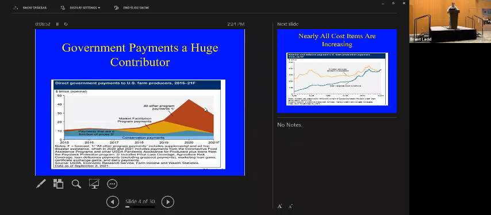This graph, of course, is kind of a summary of where we're at with regard to government payments, kind of floating along there for several years at a pretty steady level, a little bit different mix of which payments, which categories of payments comprised that government infusion into agriculture. But then 2020 hit, and you see the big red area on that graph.